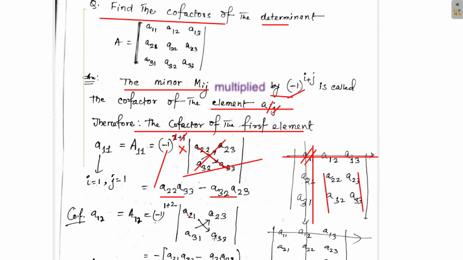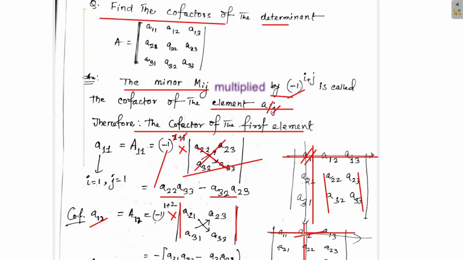Similarly, if we want to find the cofactor of A12, the second element, we will first find the minor by removing the row and the column containing the element A12. Then we form the minor with the remaining elements like this, which will be multiplied by (-1) to the power i plus j.